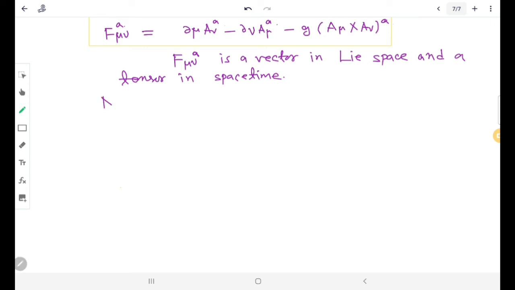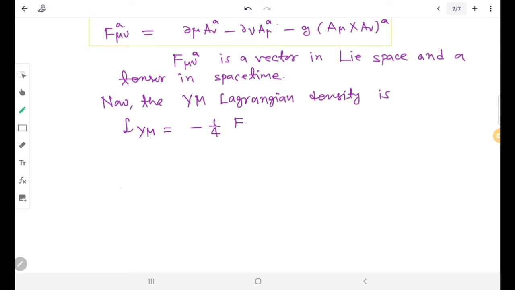Now the Yang-Mills Lagrangian density is what we shall write here, curly L YM. This is equal to minus 1/4 F mu nu and F mu nu, but we are going to write here a dot product.